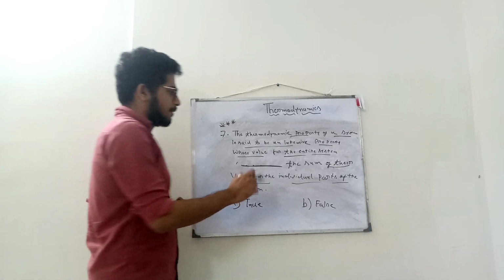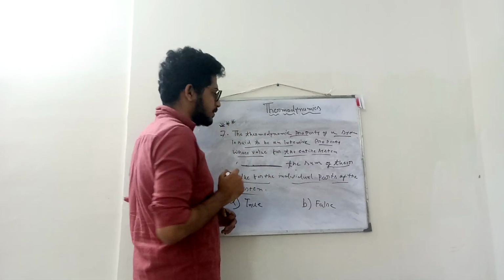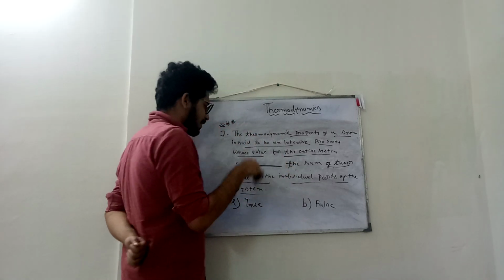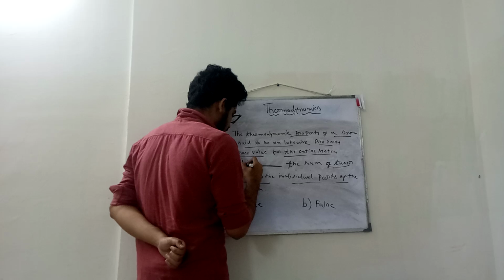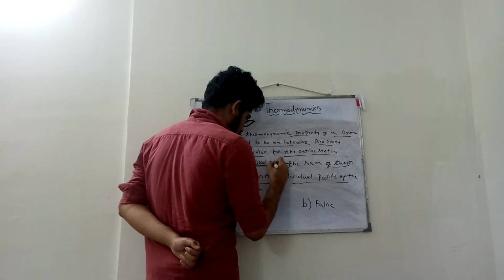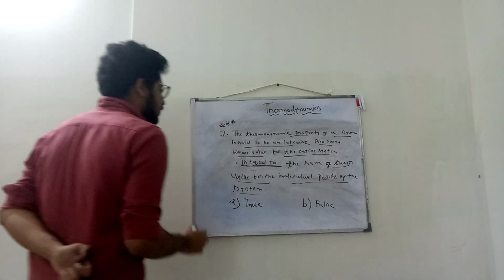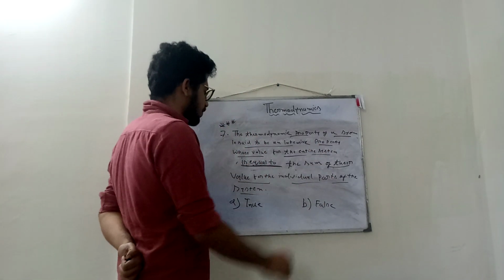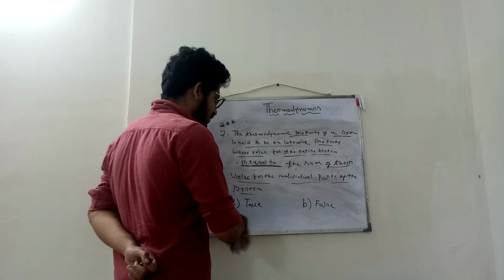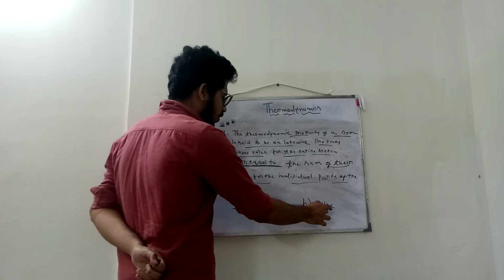Here will be what? Tell me what? Here the answer will be equal to the sum of their value for the individual parts of the system, and the answer is true or false.